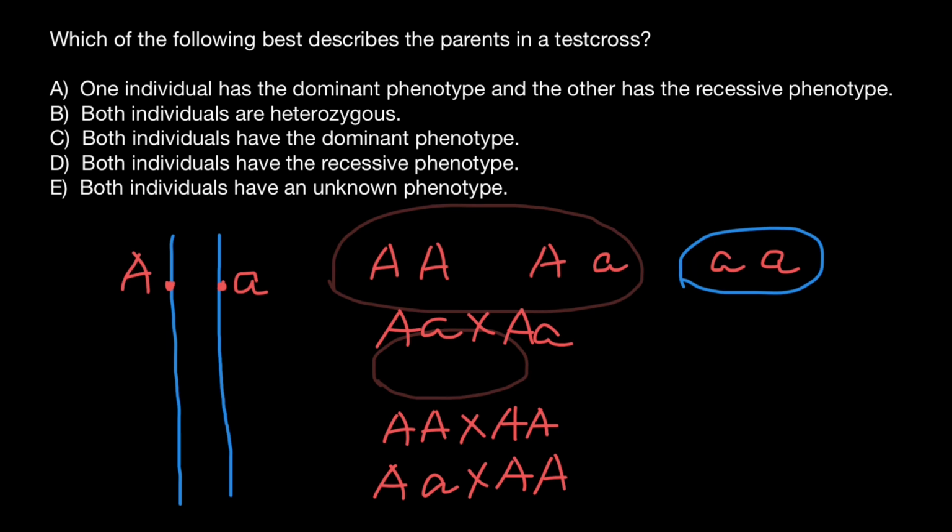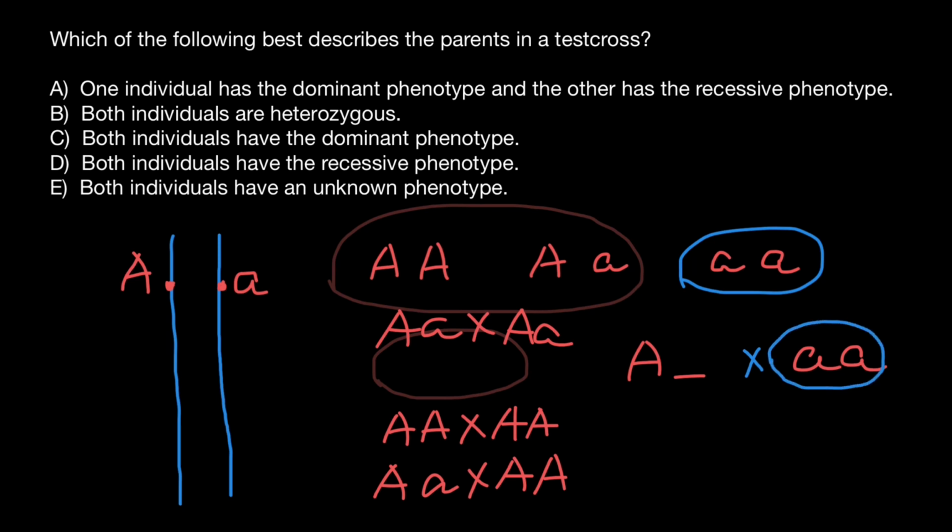So for example, we don't know the genotype, so it can be capital A and a blank space. It can be either homozygous dominant or heterozygous. We have to cross with a known phenotype and genotype, and this is going to be small a, small a. So this is going to be both known genotype and phenotype.